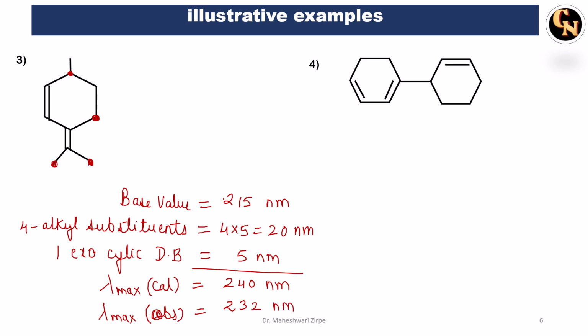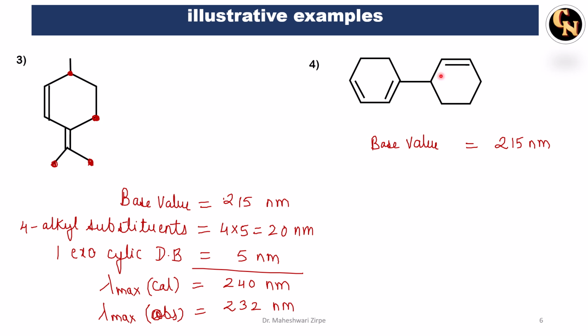Okay, so let us go to the next one. Next one, if you can see, there is a homoannular diene and there is a conjugated diene. So let us begin. Base value is 215 nanometers. Correct? Now as you can see, there is a conjugation.